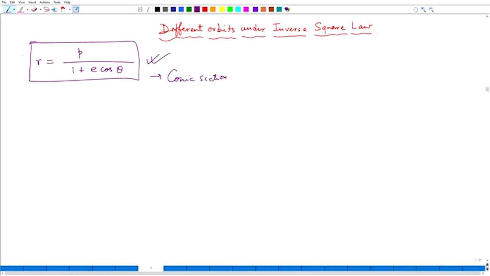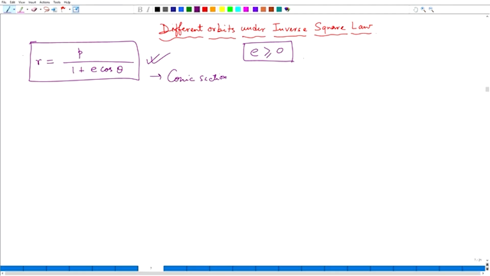Following the definition of a conic section, the eccentricity should always be at least positive or 0. It cannot be negative.